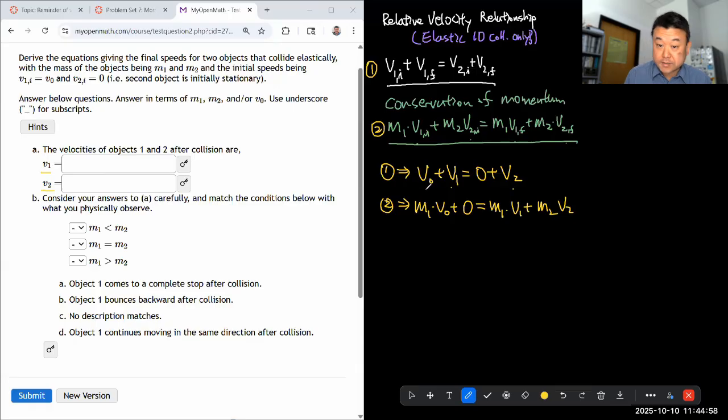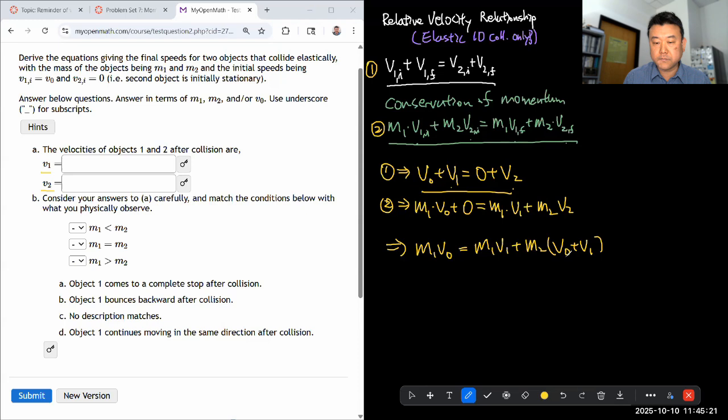So this already has a solved V2. Let's just use that to eliminate V2 from my second equation. Then I have M1 V0 is equal to M1 V1 plus M2, and what I have here, V0 plus V1. Kind of combine, V0 on the other side.